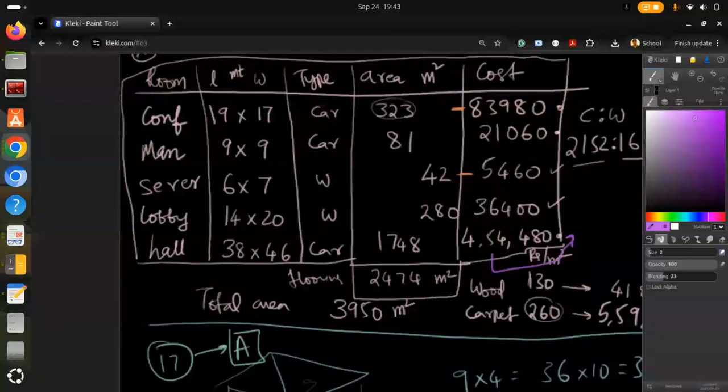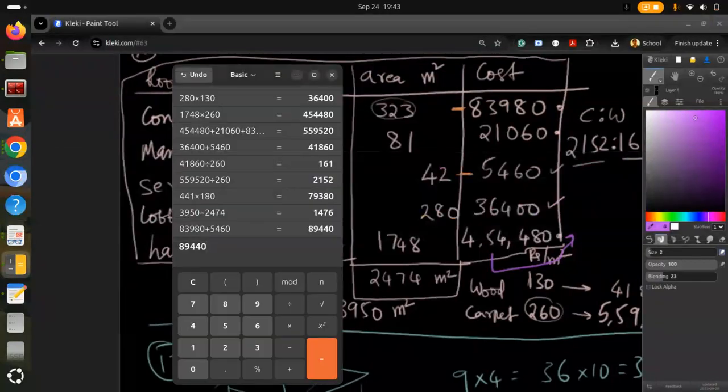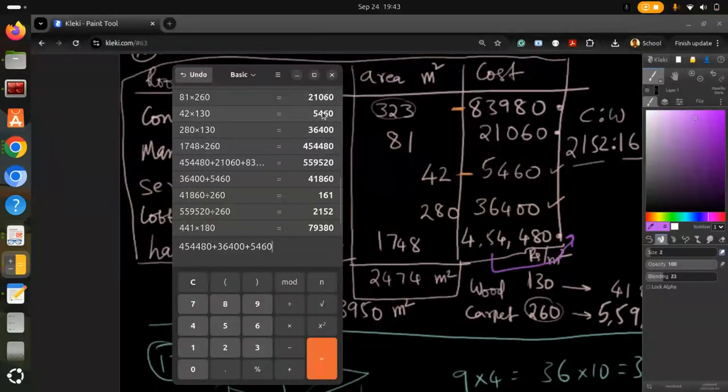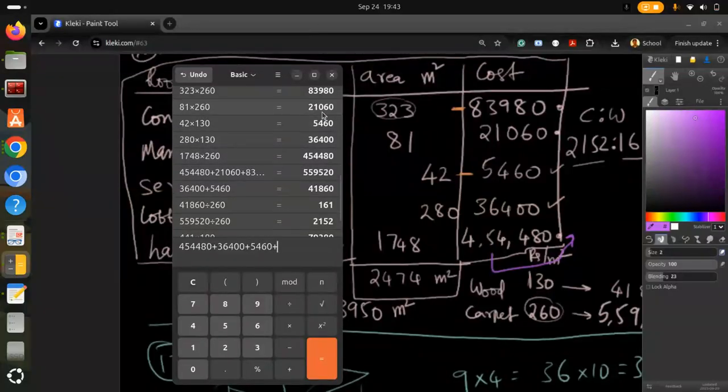Again, I'll go to my calculator. Some of the numbers are there. This number is there already, plus this number, 36,400, plus this number. Luckily I have all these numbers.